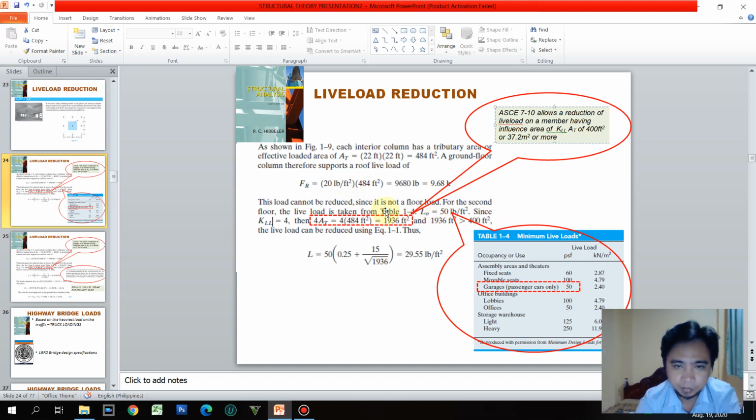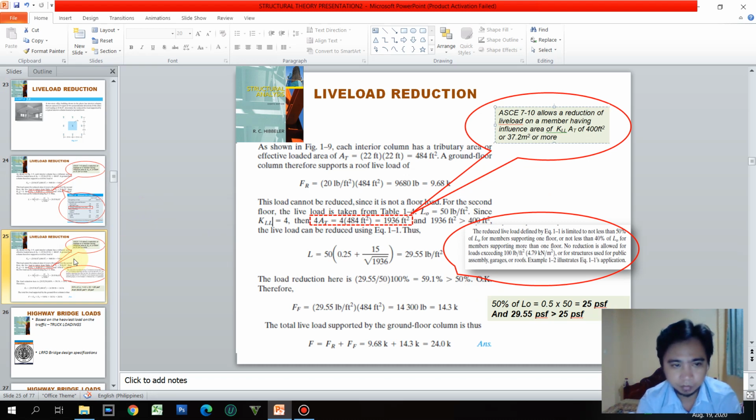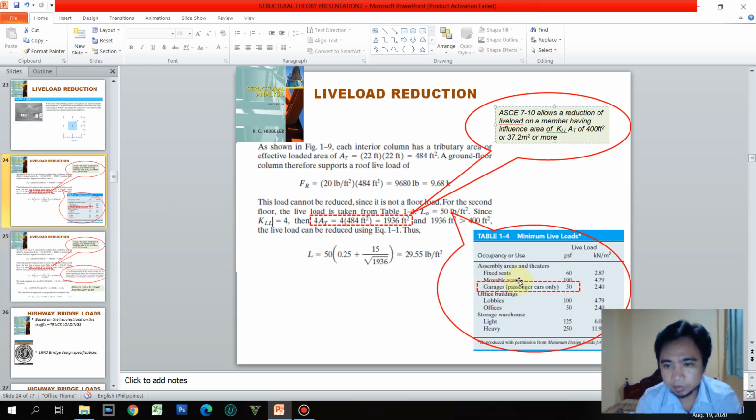So that is the ruling, that the reduction is only allowed on the floor load. For the second floor, the live load is taken from table 1-4, where the original live load, LO, is 50 pounds per square foot. It is a garage, as we can see in the picture. The occupancy is a garage on the second floor, so that has an equivalent live load of 50 pounds per square foot.